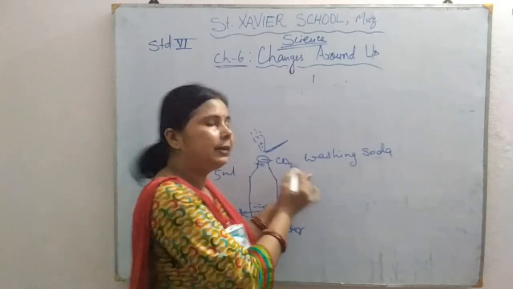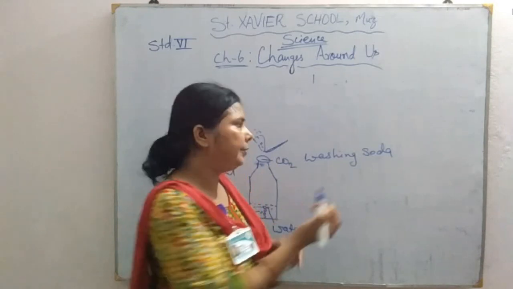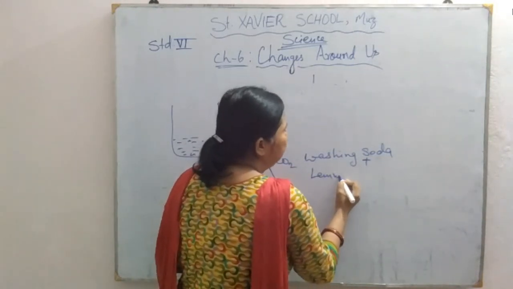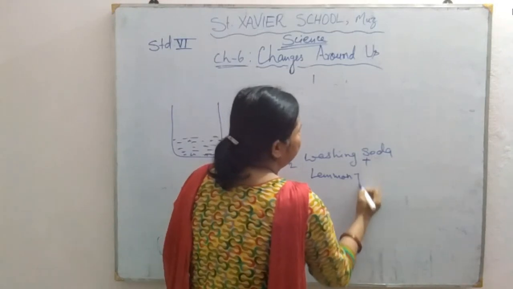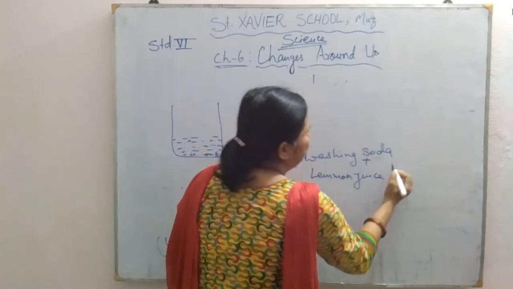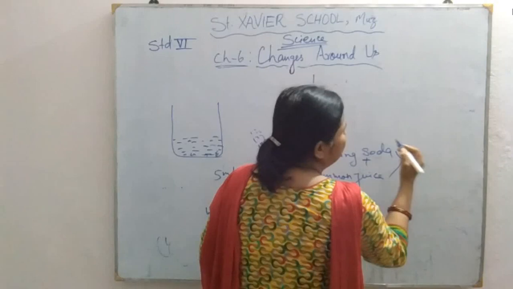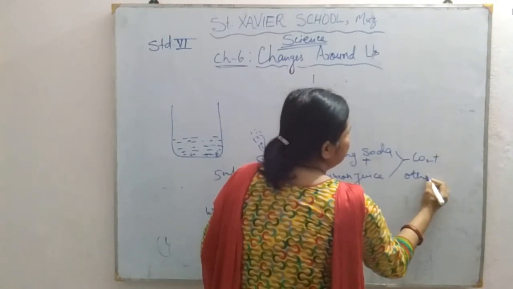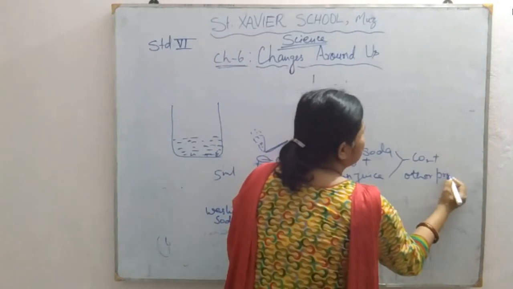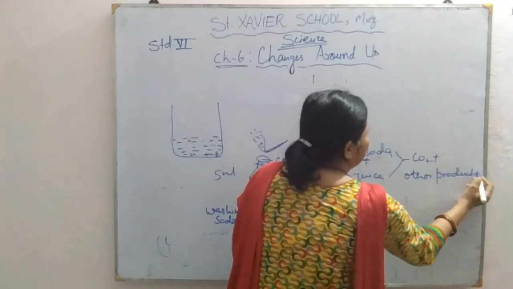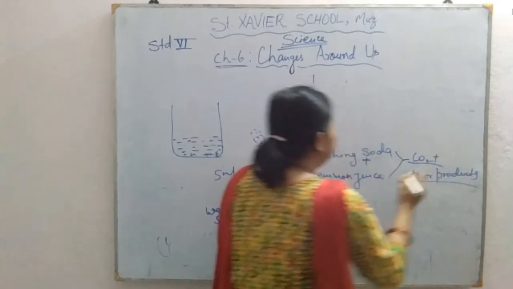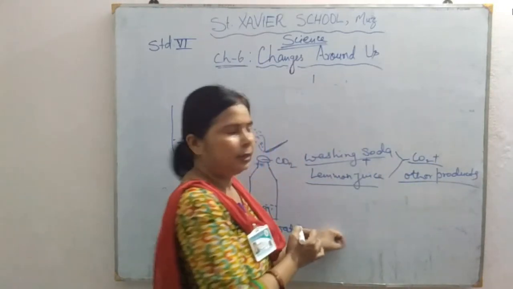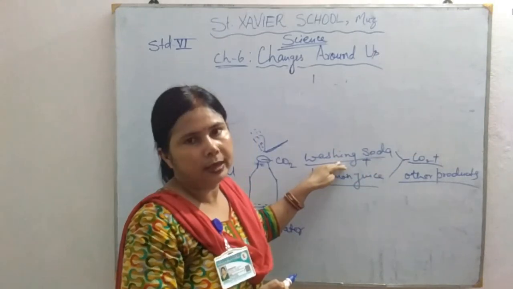Okay children, let's see it through a chemical reaction. Washing soda plus lemon juice gives CO2 plus other products. And these are totally different from washing soda and lemon juice. ये बिल्कुल इससे different होता है.